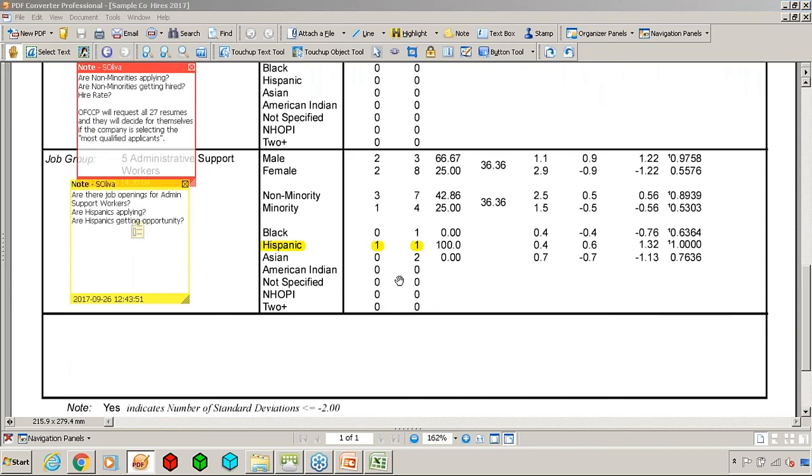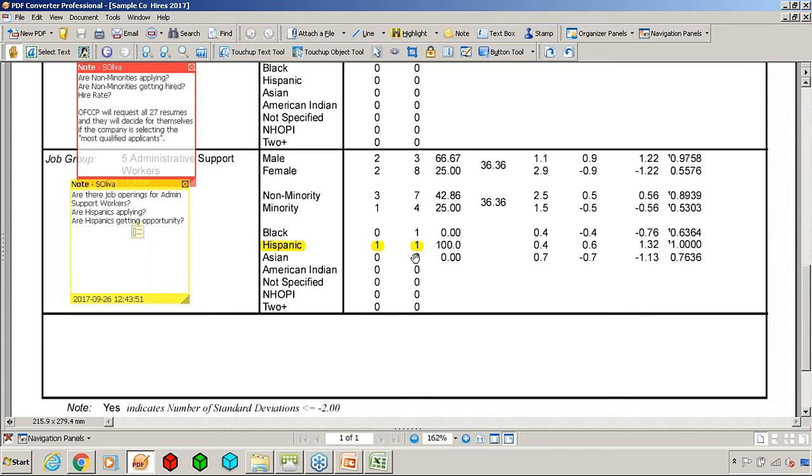Your applicant tracking is critical to your audit. In this particular case, they did have one Hispanic applicant that applied, and that individual was given an opportunity. So although this company is short in headcount for Hispanics and they have a placement goal, are they giving Hispanics opportunity when they do apply? So the answer is yes.